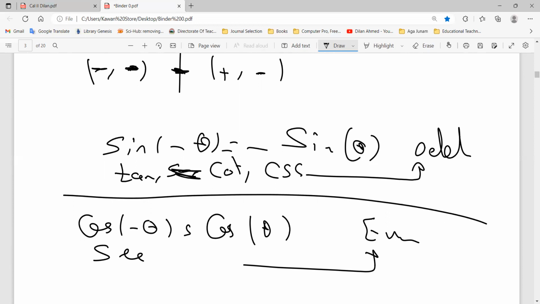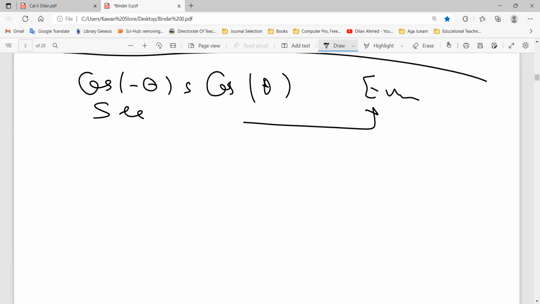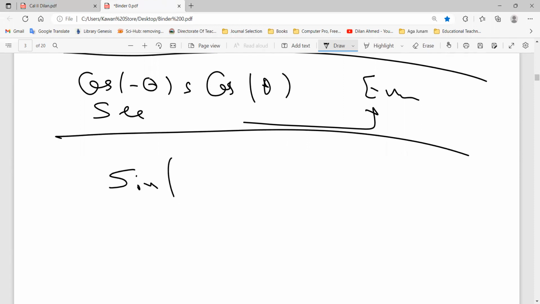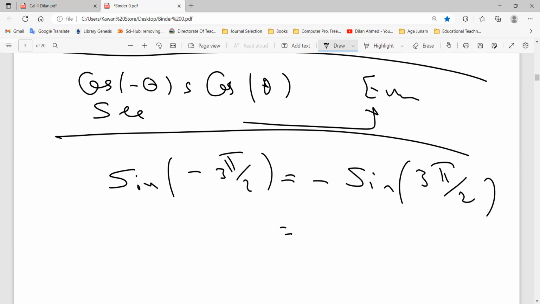So what's the benefit of odd and even functions? For example, if I say find sine of minus 3 pi over 2, you can say I'm going to use 3 pi over 2. And you know sine of 3 pi over 2 is equal to minus 1.